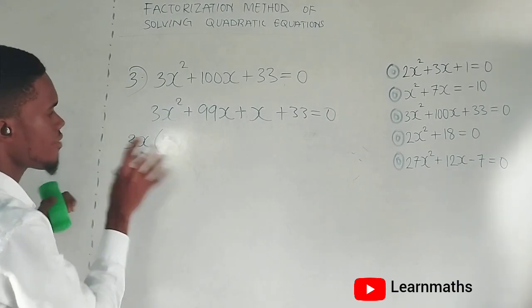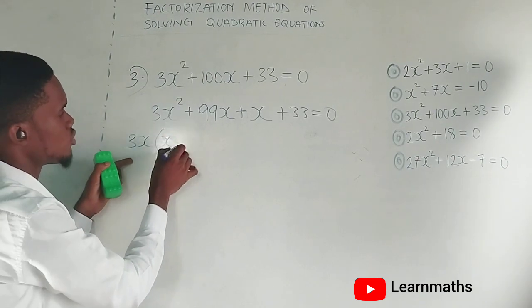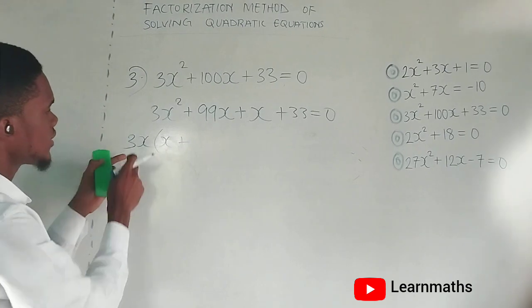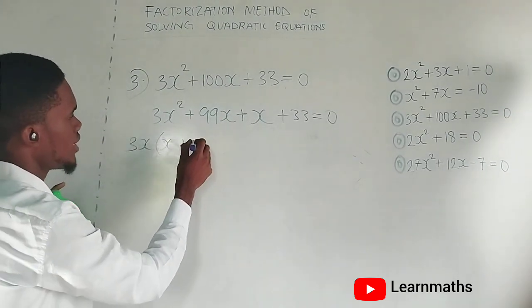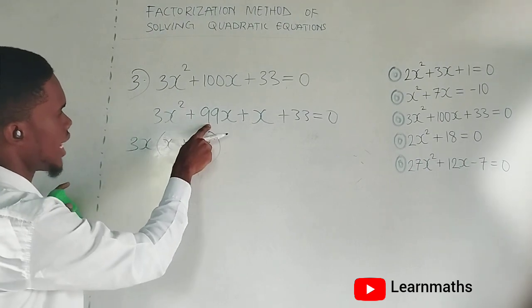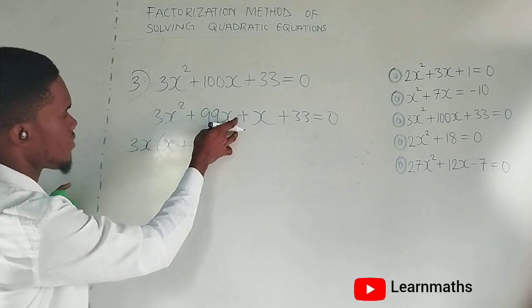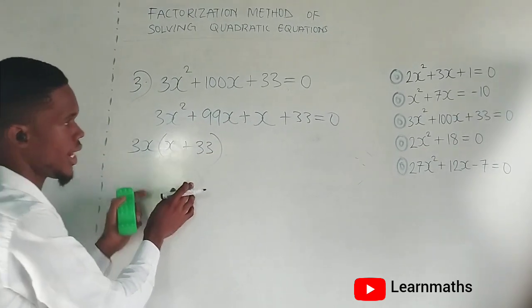If I factor out 3x from 3x squared, one x will be left, x squared. But if I factor out 3x from 99x, there will be no x left, but there will be 33 left from 99. So we have 3x, leaving x plus 33 in bracket.